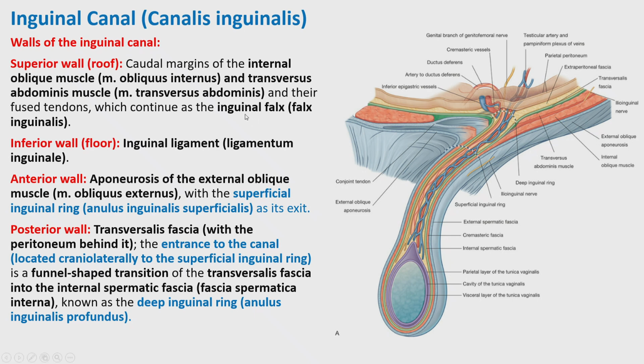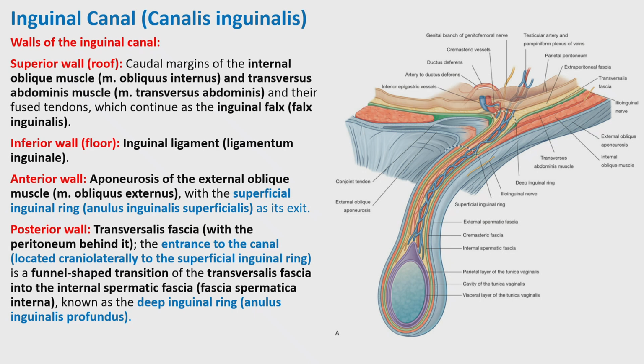They are fusing together and they make the falx inguinalis. In the chapter of the ligament, you should have the lecture of this wall of the abdomen. The inferior wall is made by the inguinal ligament. Anteriorly is the aponeurosis of the external oblique abdominis muscle.